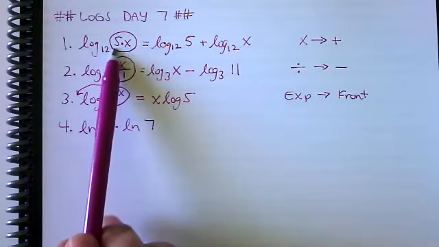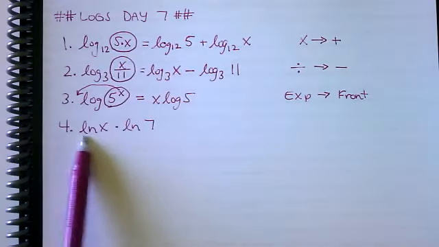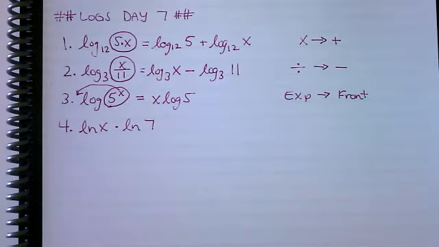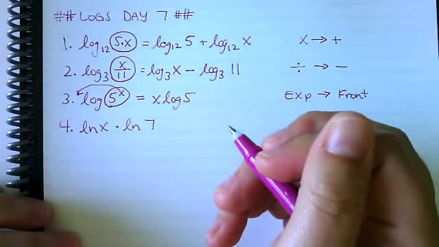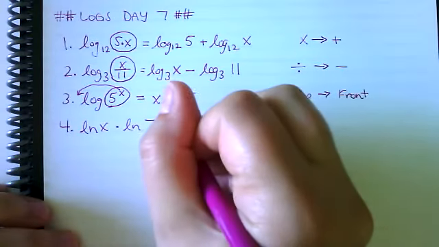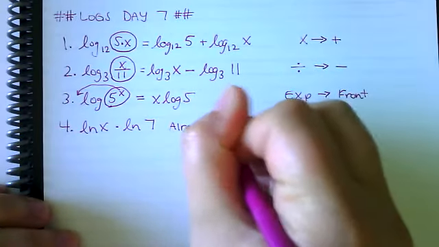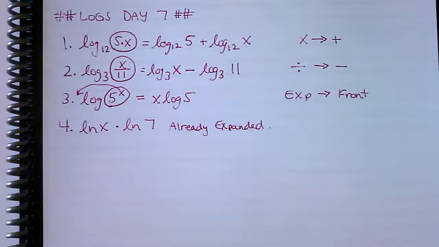The difference is this is 1 log that I'm turning into 2, and this is already 2 logs. When you are expanding, you're only allowed to look at 1 log at a time. So for this question, there's not an answer. We can't expand this. This is already expanded.